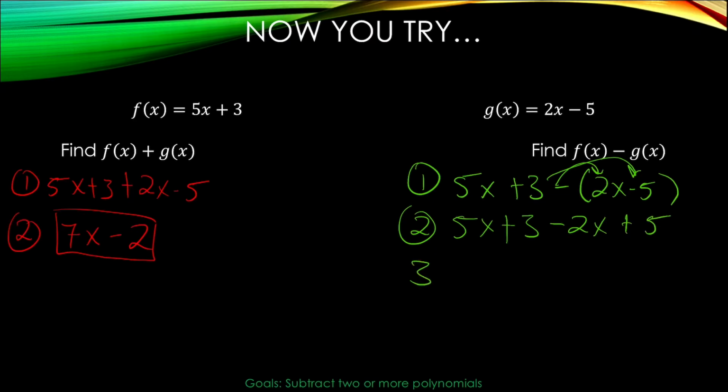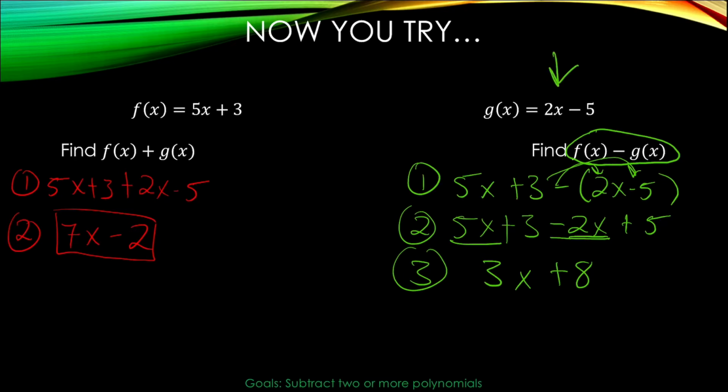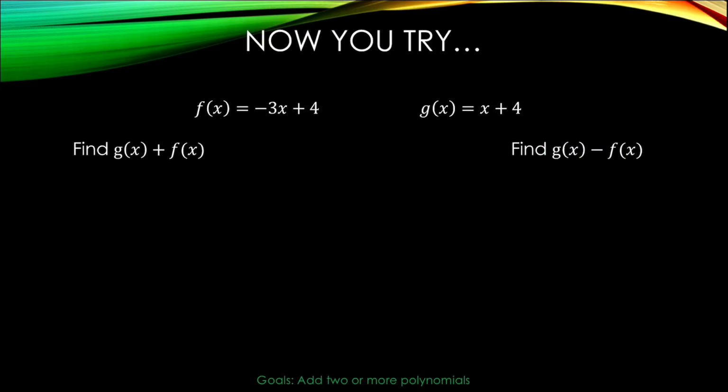Now we can combine like terms. 5x minus 2x is 3x, and 3 plus 5 gives me plus 8. One thing to watch for is to make sure that you understand what the order is. If it said g of x minus f of x, I would start with g of x first and then subtract f of x from it.